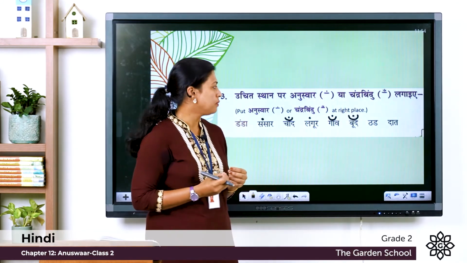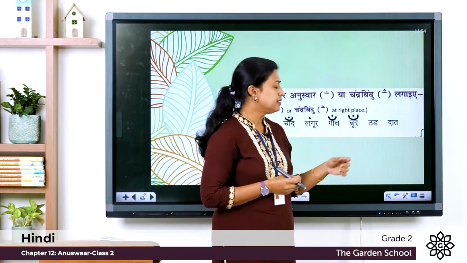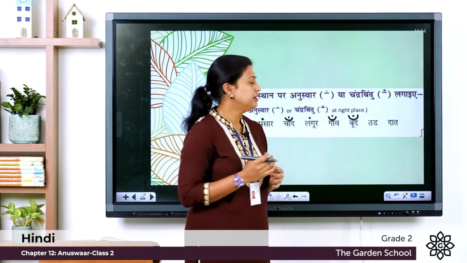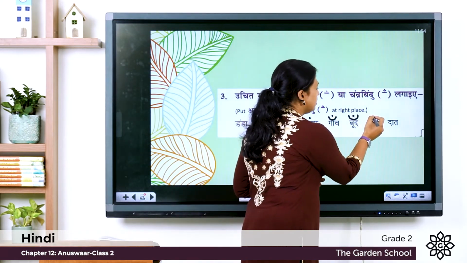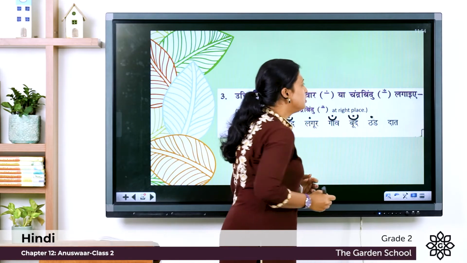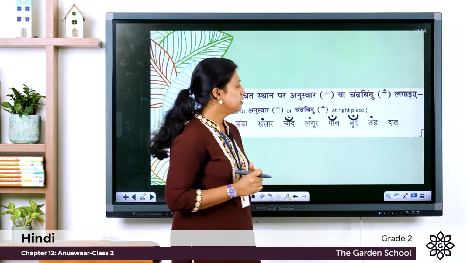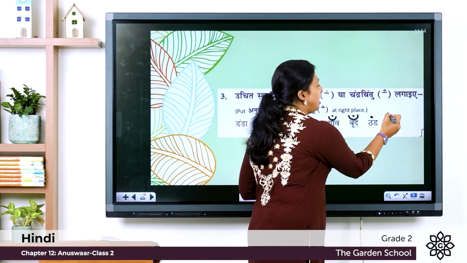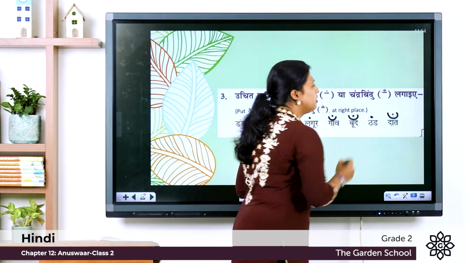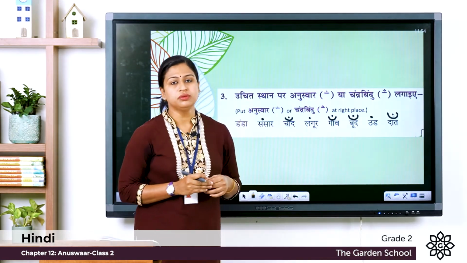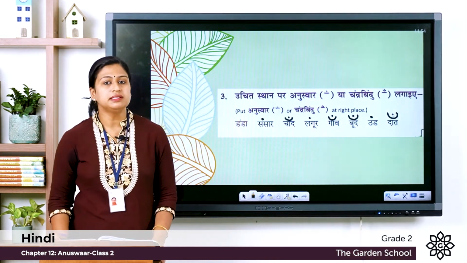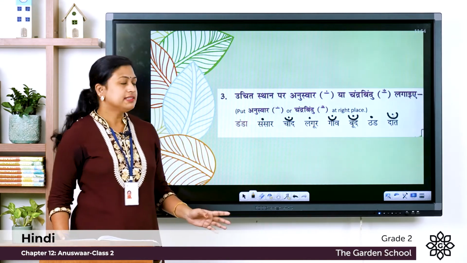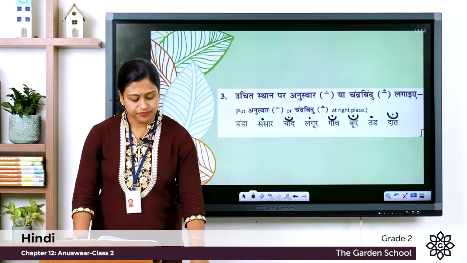Boond means drops. Next word is Thand. Thand means cold, and we will be using this Anuswar symbol. The last one is Dant. So here we will be using Chandra Bindu symbol, and Dant means teeth. So this was the third exercise.